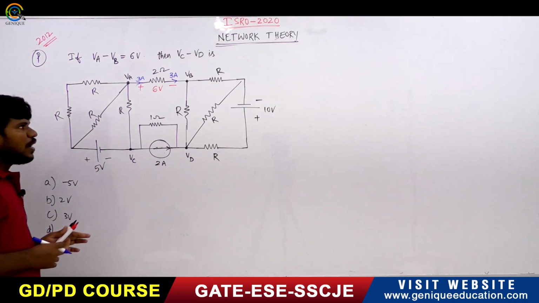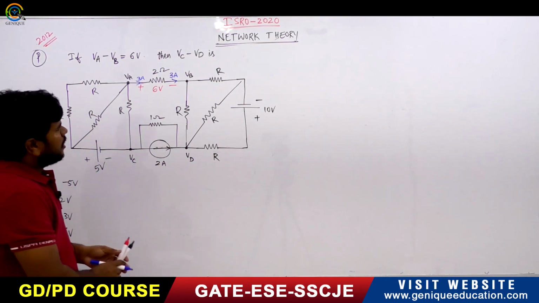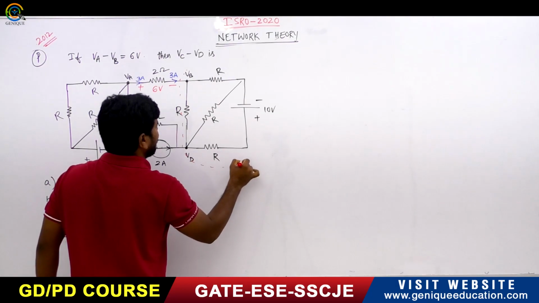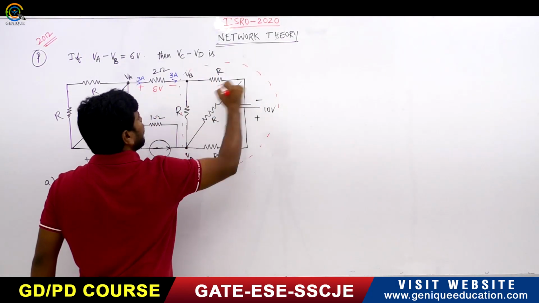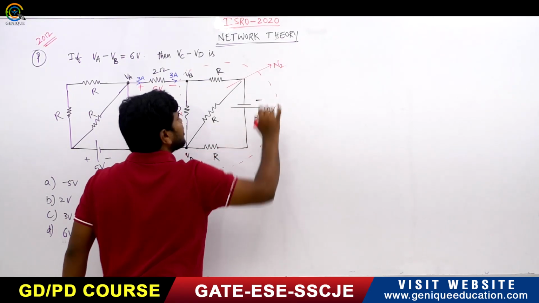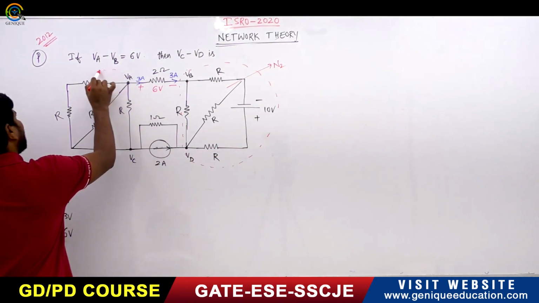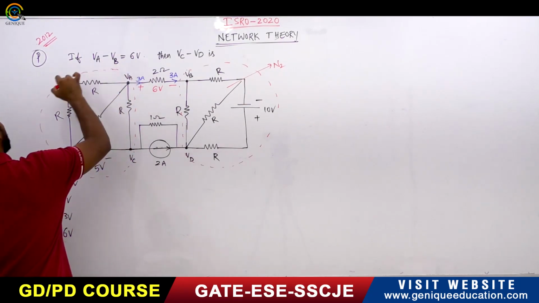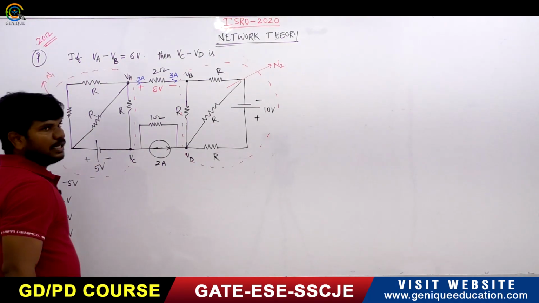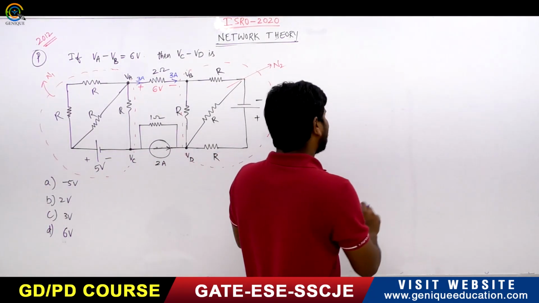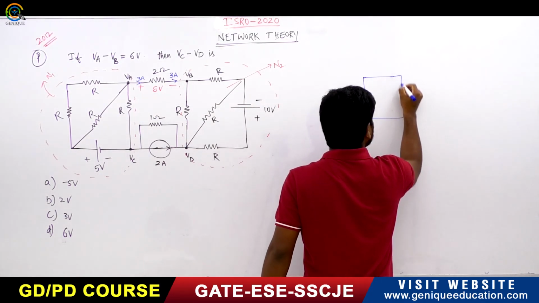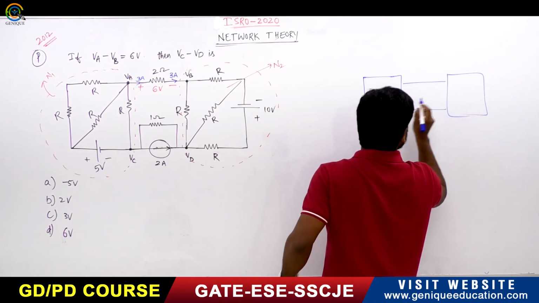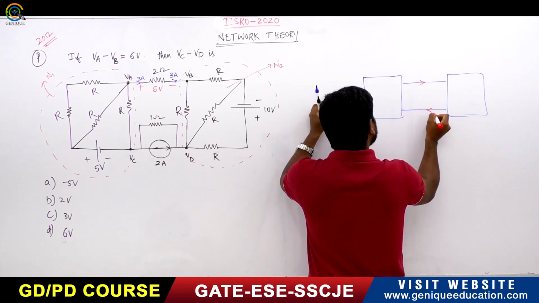Now if you consider this entire thing as one network, let us suppose network N1 and network N2. If two networks are connected like this, the entering current must be equal to the leaving current.